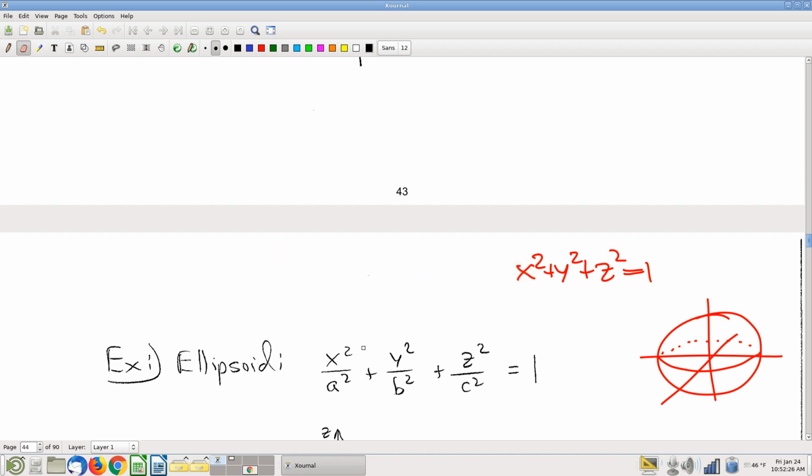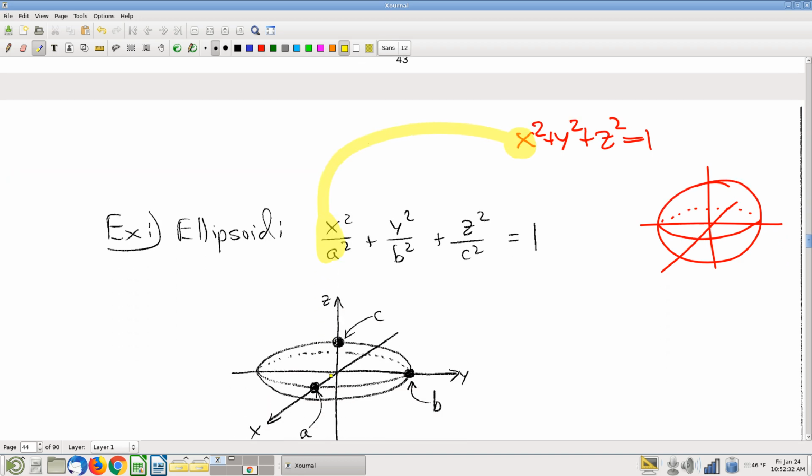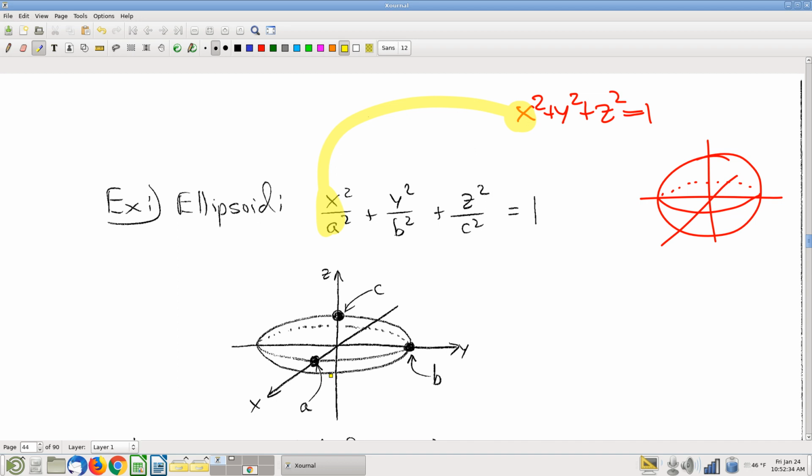Okay. And this action of replacing x with x over a is going to, well, let's see now. How do you undo dividing by a? Well, you multiply by a, right? So this action of replacing x with x over a is going to take our sphere and stretch it by a factor of a in the x direction.